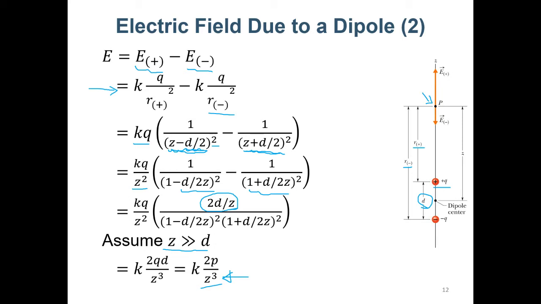So now we assume z is much larger than d, which means that this term tends to 0, this term tends to 0, so these two terms will tend to 1. So you can just ignore this one. Then you have 2d over z over z squared. So finally you get k 2qd over z cubed.